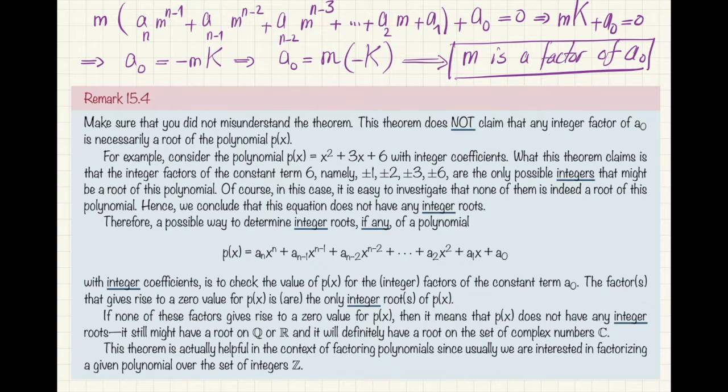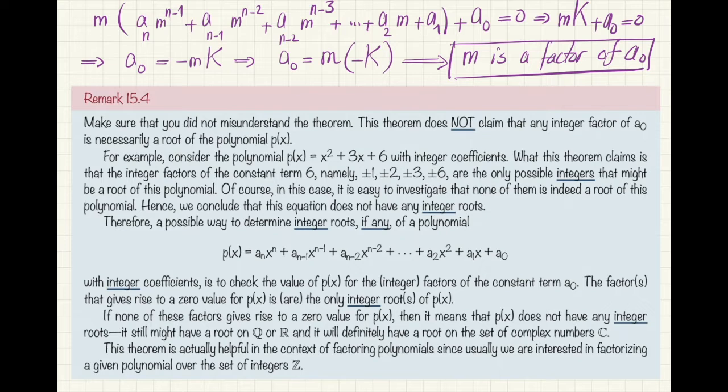What does it mean? The constant term 6, what are the factors of 6? Plus or minus 1, plus or minus 2, plus or minus 3, and finally plus or minus 6. These are the only integers that 6 is divisible by. These are the only possible integers that might be a root of this polynomial.